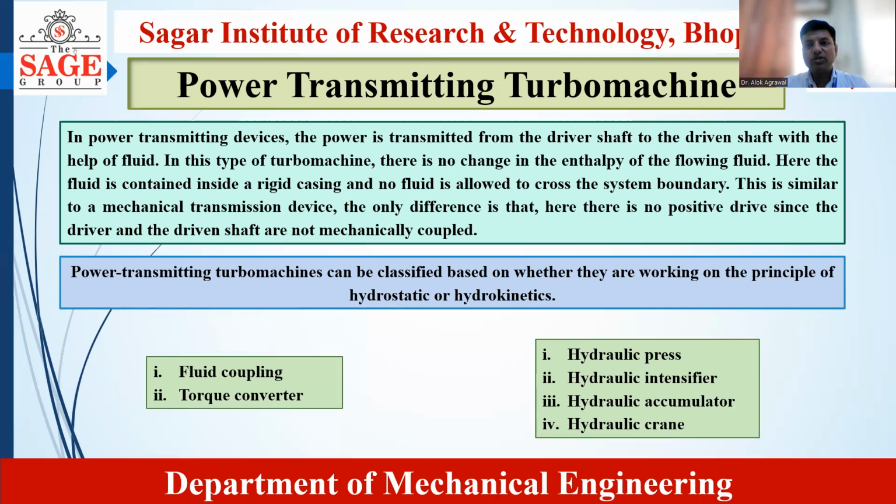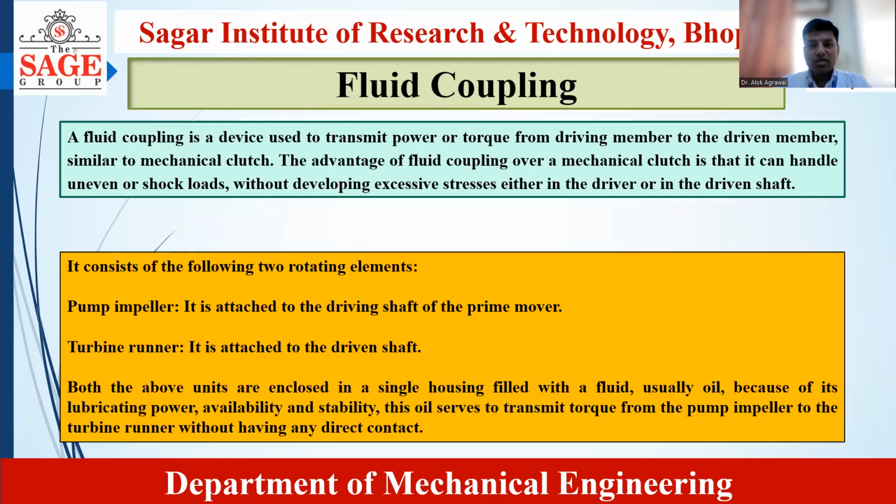So in this video, we'll be discussing power transmitting turbo machine that works on the principle of hydrokinetics, and in that we will be discussing this fluid coupling. So what is fluid coupling? We have seen the mechanical clutch that is used in automobiles. This fluid coupling is very similar to a mechanical clutch.